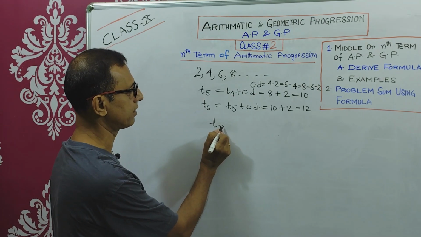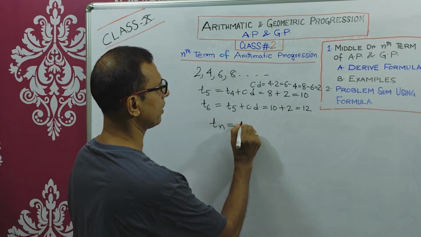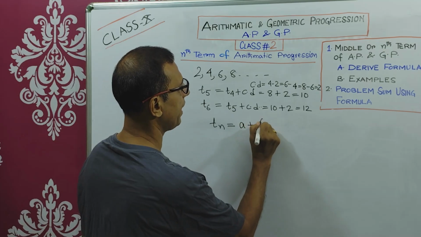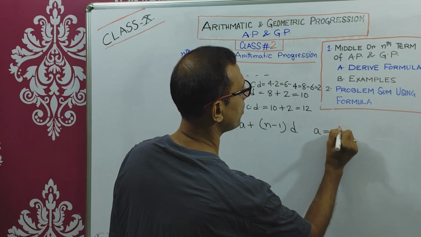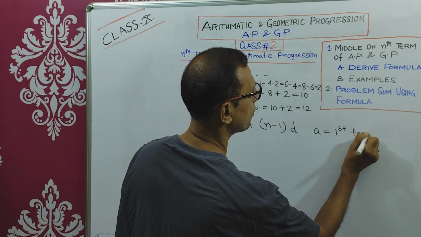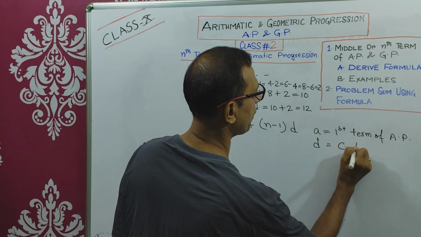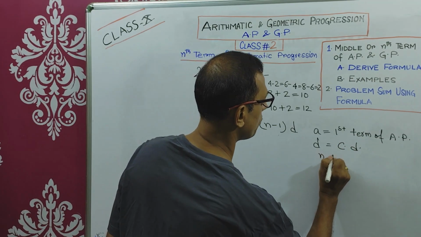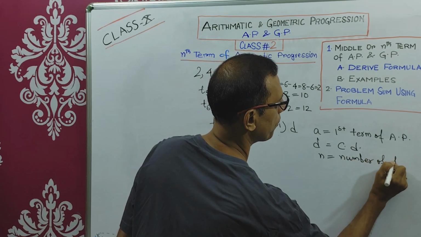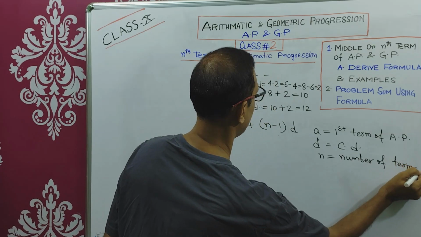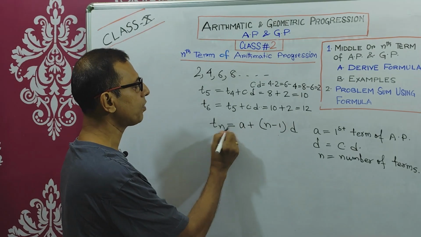If you write the letter like this, below the letter, Tn, T suffix n, equals a plus n minus 1 into d, where a is the first term of the AP, d equals the common difference, n equals the number of terms, right? So now if you know a, n and d, that means you can find out the nth term.